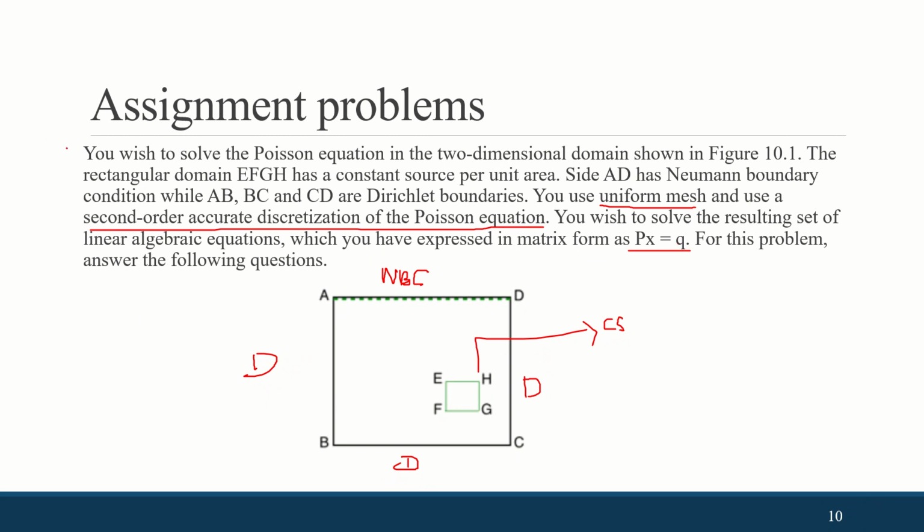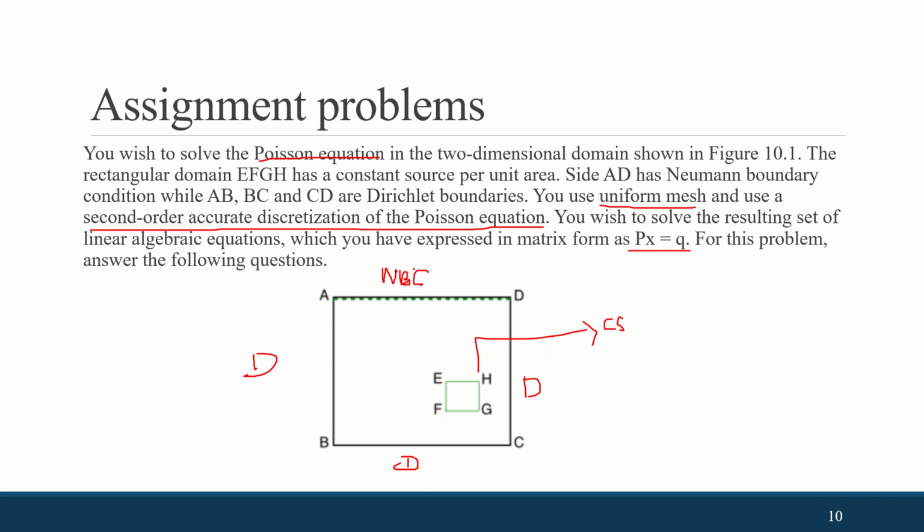So basically, we are solving the Poisson equation in this two-dimensional domain, with a rectangular domain EFGH inside which has a constant source per unit area. This side AD has Neumann boundary condition. So what is Neumann boundary condition?